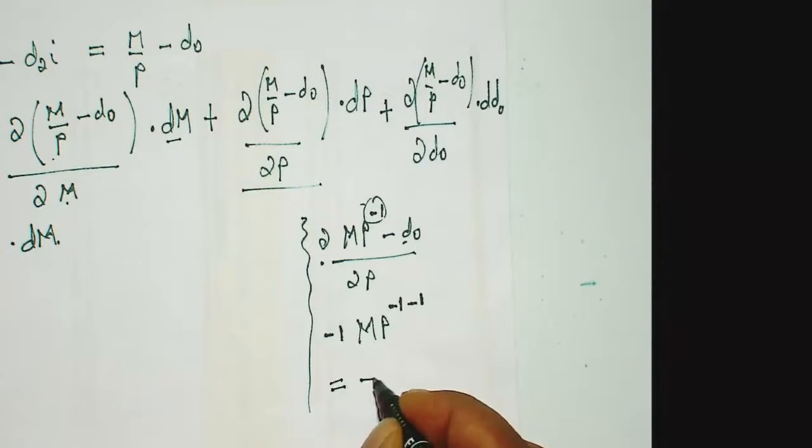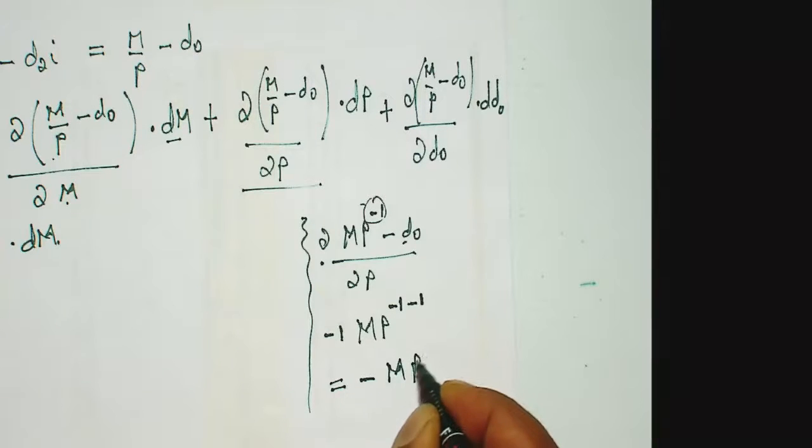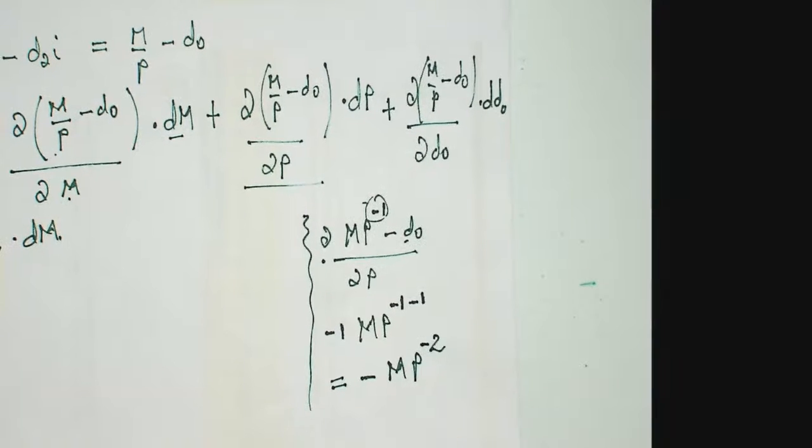So this gives us minus M P raised to minus 2, which can be rewritten as minus M over P squared.